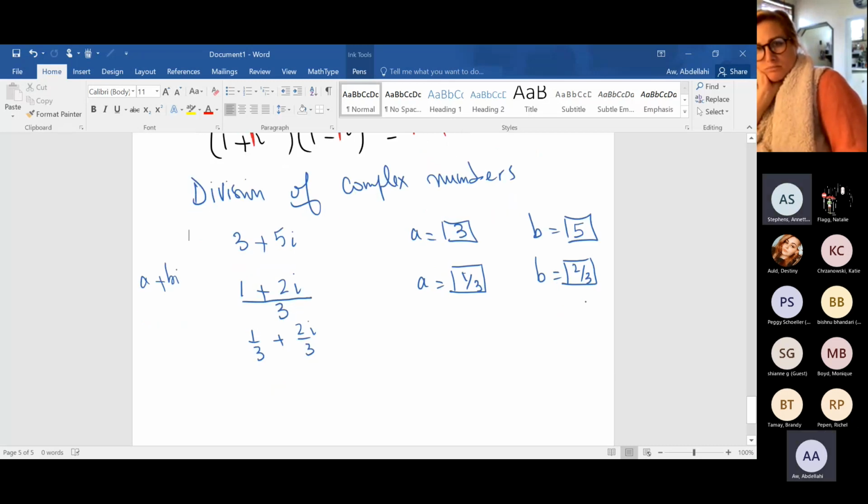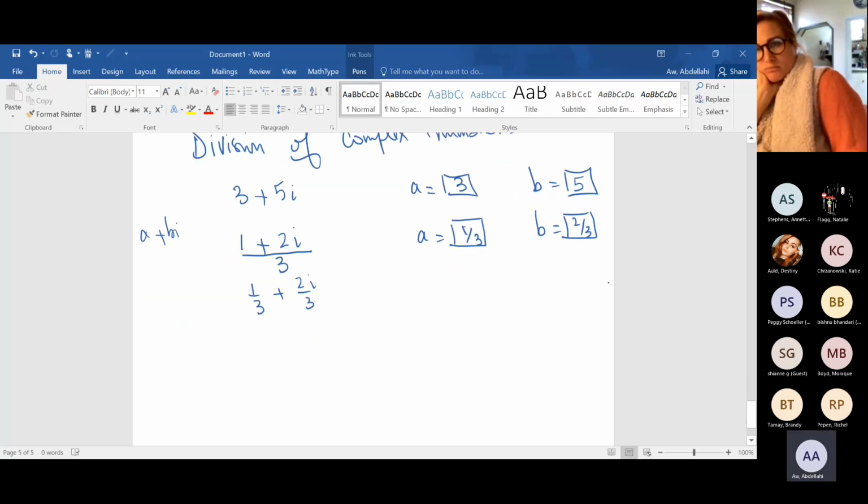You see that? This brings me to the next case. Now if you have 1 plus 2i divided by 3 plus 4i, this is completely different, because we have i in the bottom.